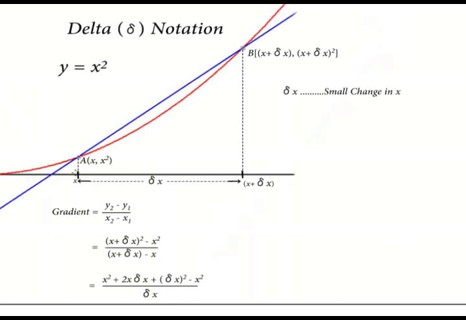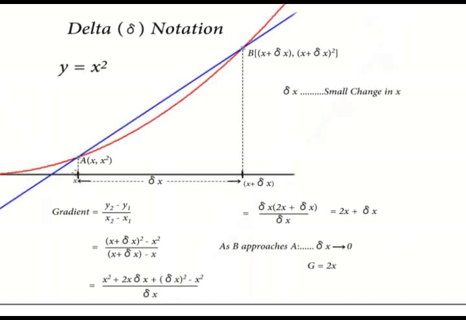Factorize delta x in the numerator, we shall have delta x into 2x plus delta x over delta x. Delta x cancels out and we remain with 2x plus delta x. As B moves closer to A, delta x approaches 0 and can be ignored, and so we shall have 2x.